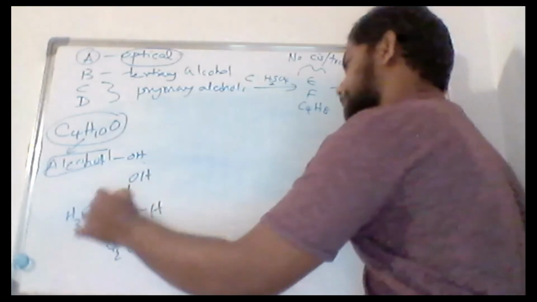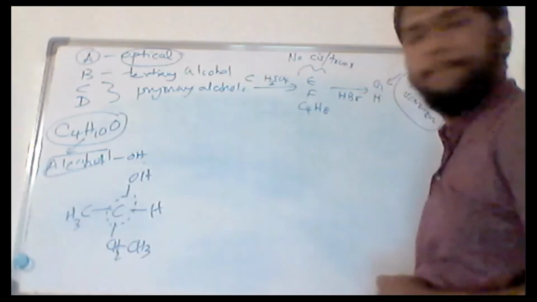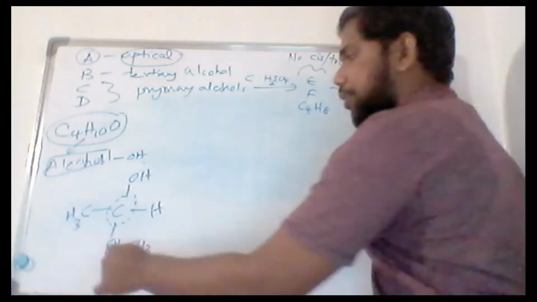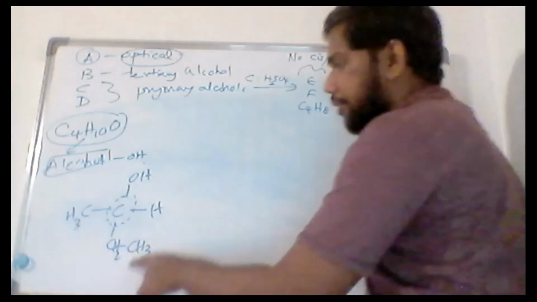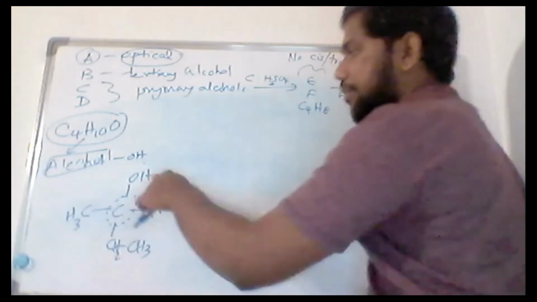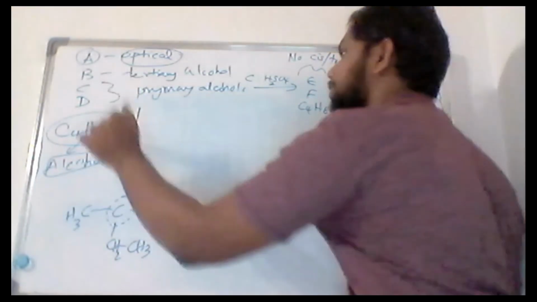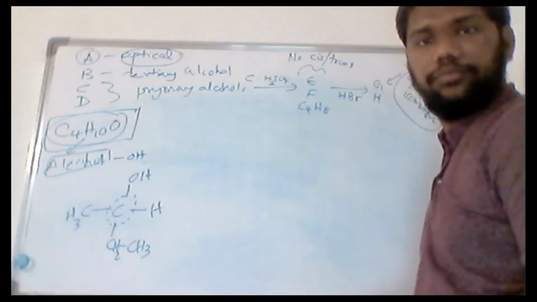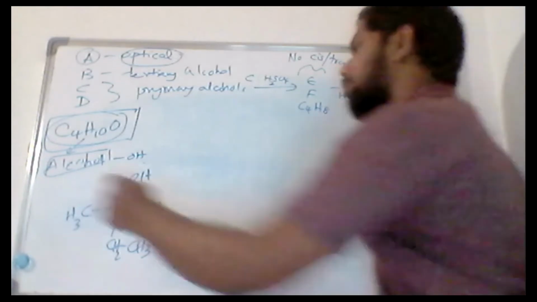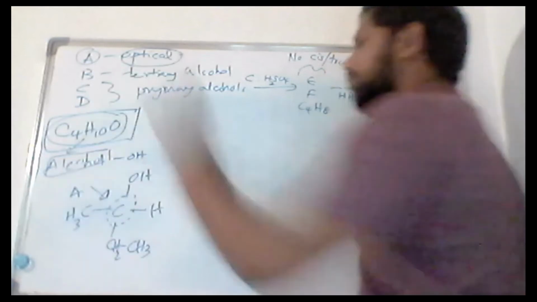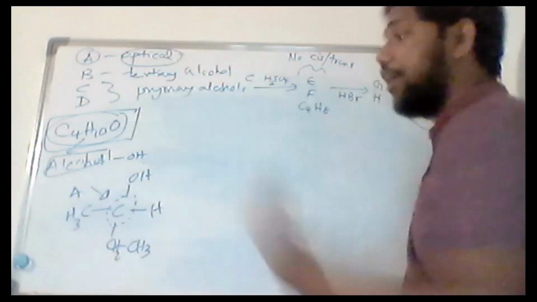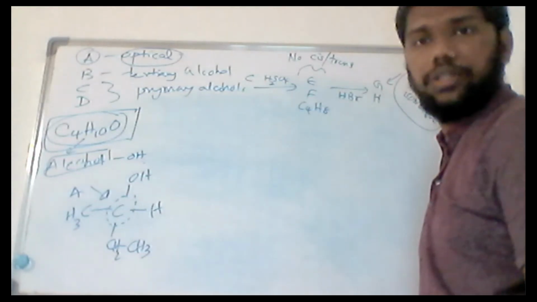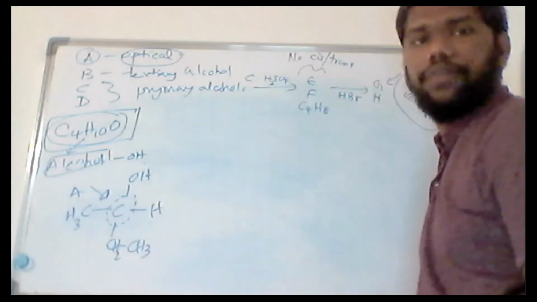So I see a chiral center where there are 4 different groups, and 1, 2, 3, 4 carbons, hydrogens 3, 2, 5, 10, and 1 oxygen, which matches the chemical formula given. So A could be this one. If you try any other combination using the formula C4H10O, you will not end up with an optically active one. There is no other way.